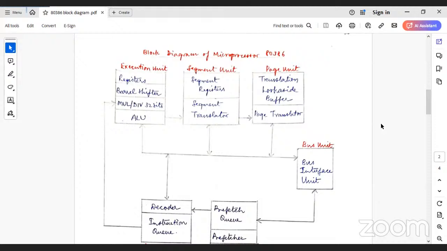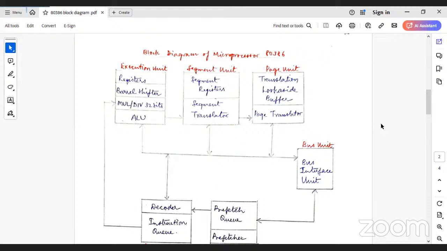You can easily draw this. Now the bus unit is always necessary because it will manage or control all the different buses of your processor. The different types of buses which the processor looks for are the data bus, address bus, and control bus. It will control the operation of all these buses.